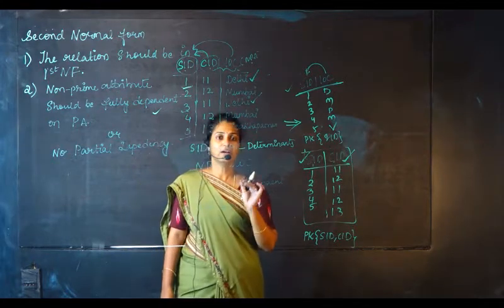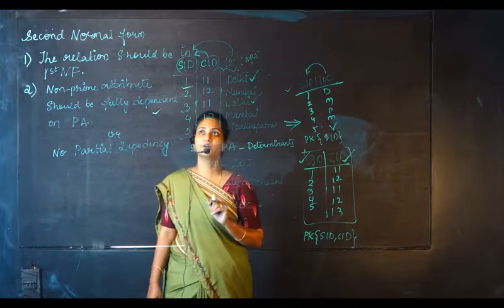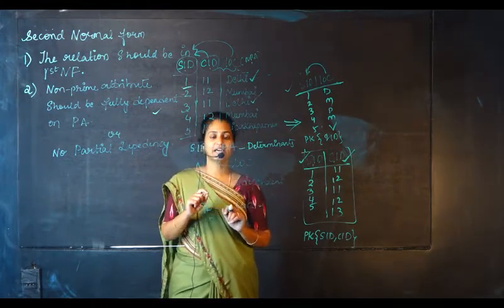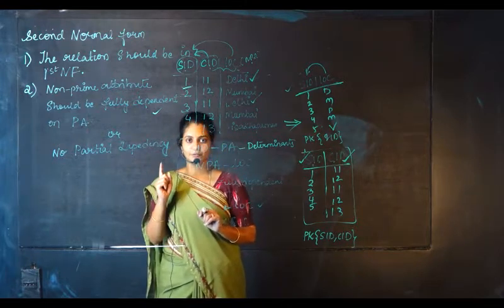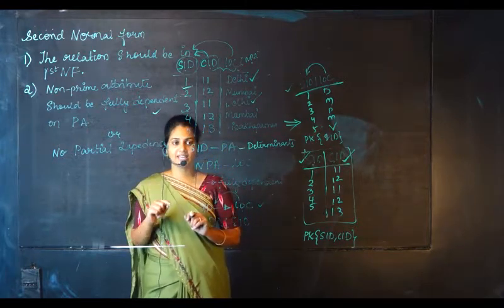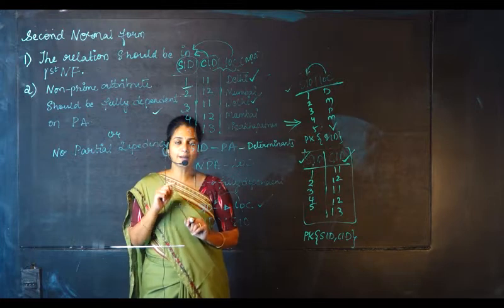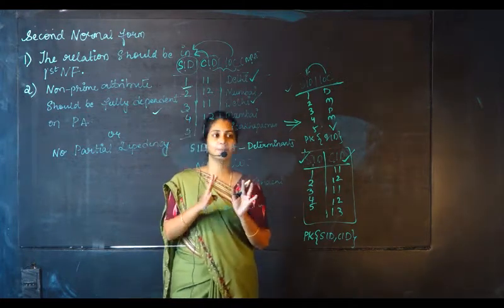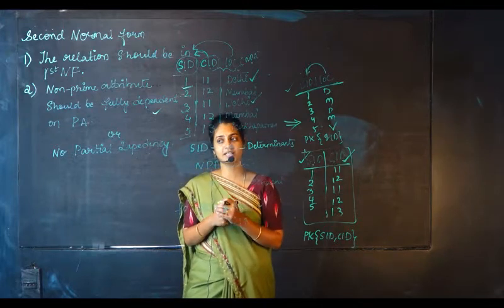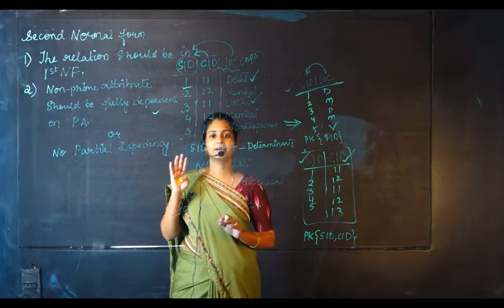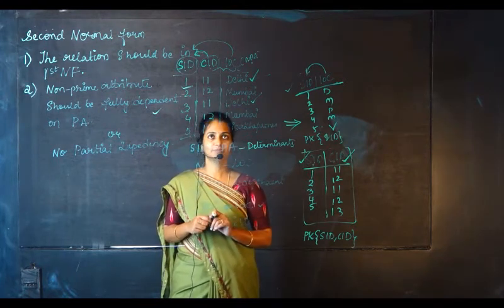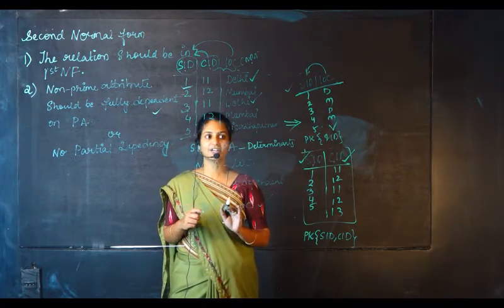Let me quickly summarize what second normal form is. The table should be in the first normal form, and at the same time the non-prime attributes should be fully dependent on the prime attributes, or else no partial dependency should be there in the second normal form. So this is about the second normal form.